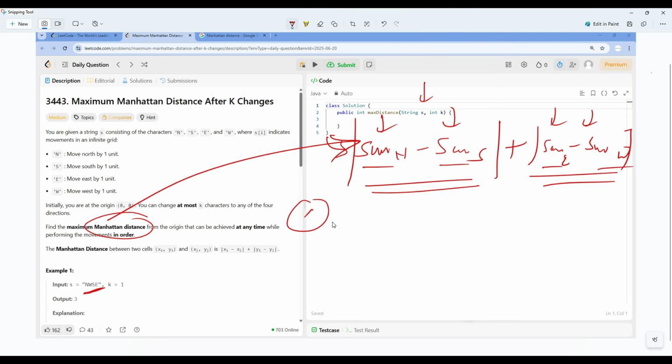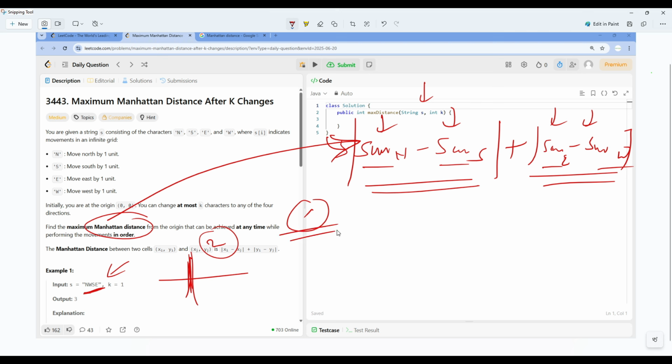Let's suppose we modify a letter that appears less frequently, but not 0 times, in either the horizontal or vertical direction. Then the Manhattan distance can increase. It increases the distance by 2.